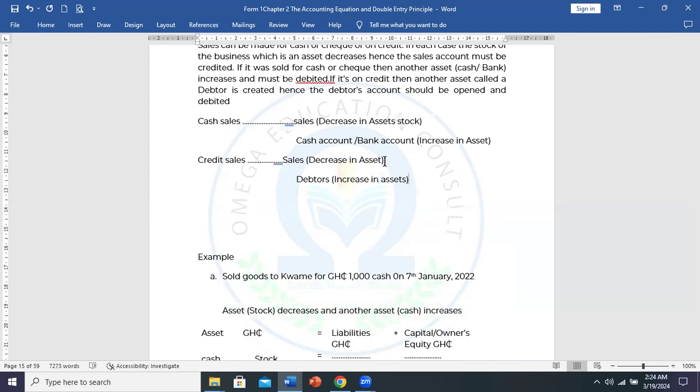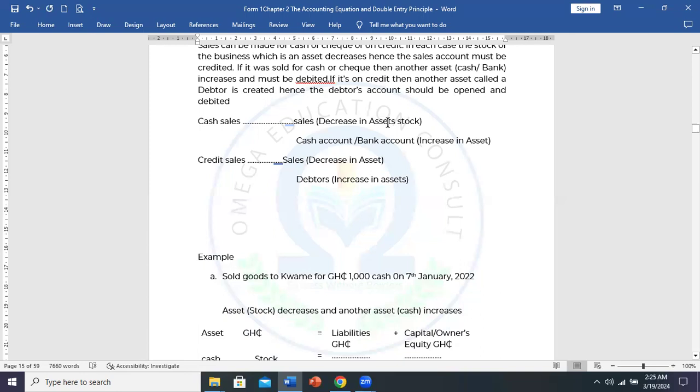So ladies and gentlemen, the point I'm trying to make is that in accounting, your sale of goods can be on cash basis or credit basis. Whether it is cash or credit, always you open your sales account. That account would record the decrease in the asset stock, because as you are selling, your stock will decrease.